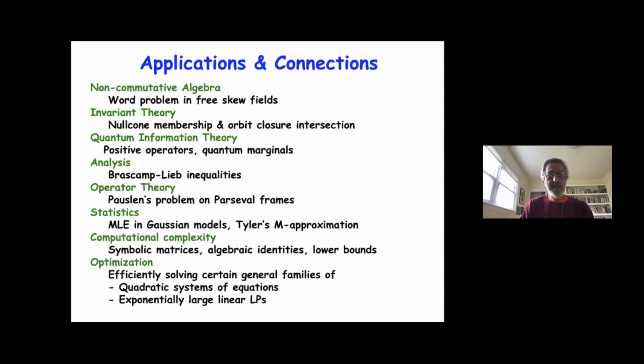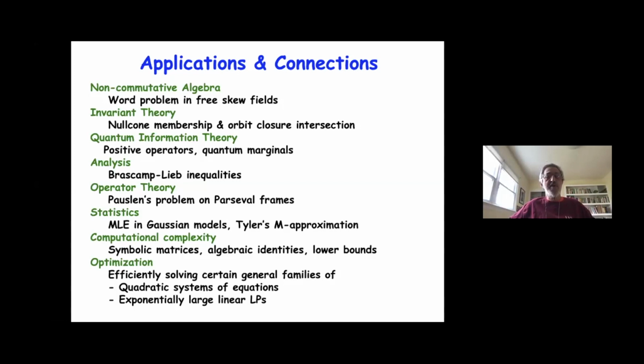As I said, there are lots of connections and applications, and maybe I'll get to talk about them. I prepared slides describing some of them in some detail, but just in case we don't, there's a list, just to impress you with the kind of mathematical areas that come into this game.